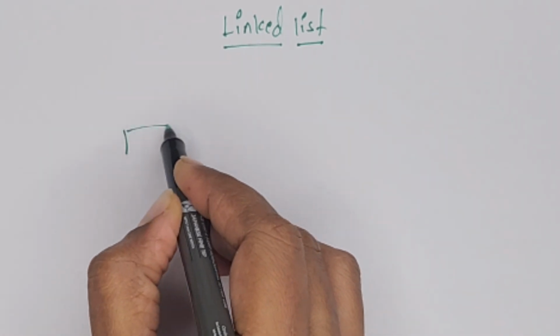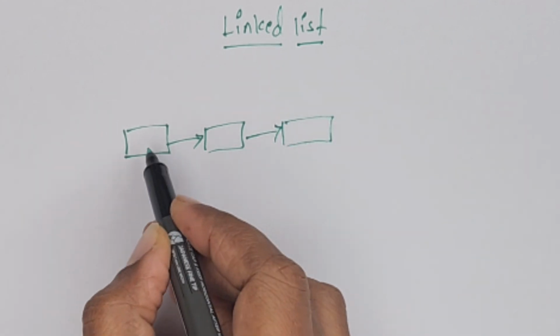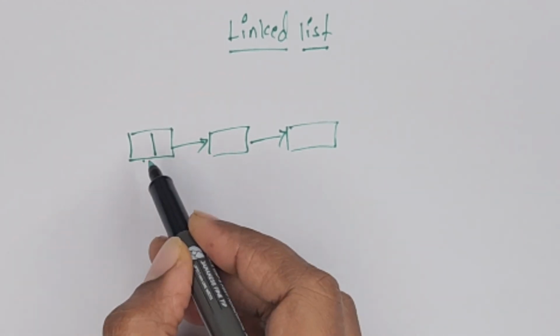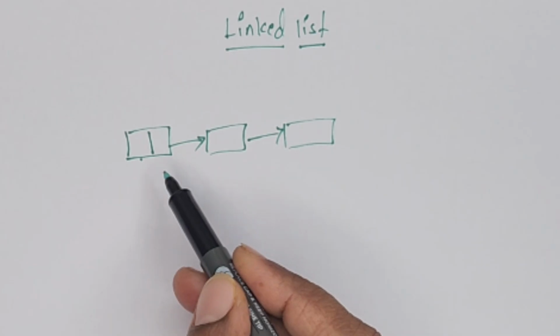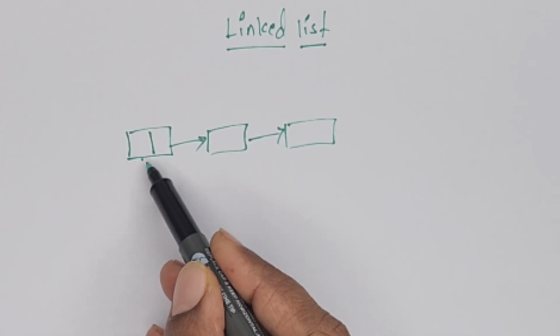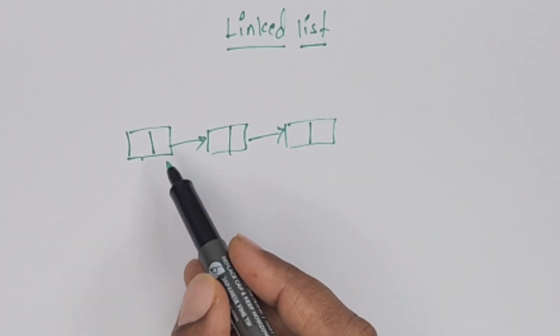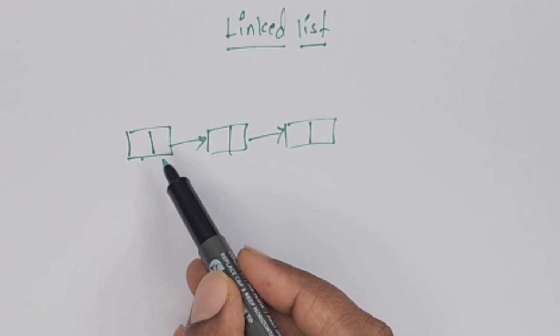Linked list means it is a collection of nodes. Node means data and address part. In the data part, we can store numbers or characters or complete one student or one person's details also, and the address of the next node. So I'm going to explain a simple program.